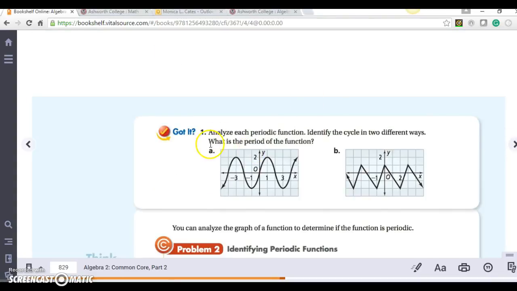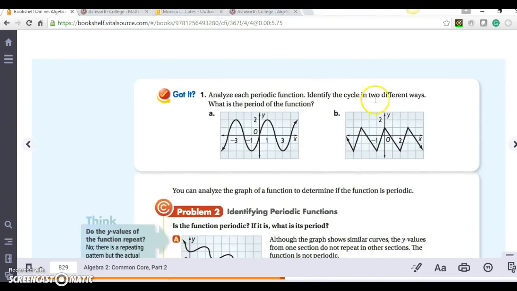Now let's take a look at guide number 1 and see if we can do it on our own. It says identify the cycle in 2 different ways, which is a period of the function. Again, I'm going to start at the 0, 0. That's my favorite place to start. And I want to come right back to a point like this. So I'm going to go up, back down, and this is my starting point again, or my stopping point. So this is one cycle.